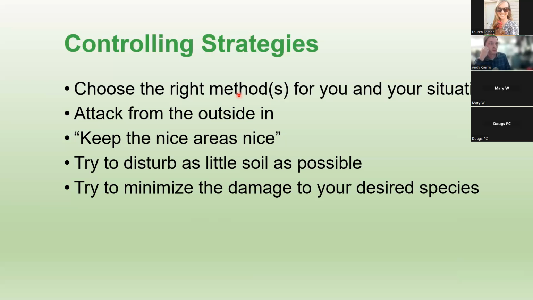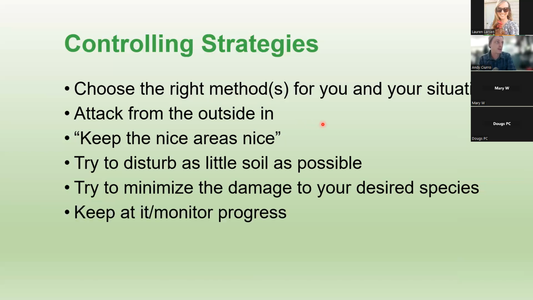Like if you live around Hudson, River Falls, there's a good chance where it's just pure buckthorn anyway. But if you have a little bit of variety in there, avoid these broadcast control methods that we're going to talk about later.